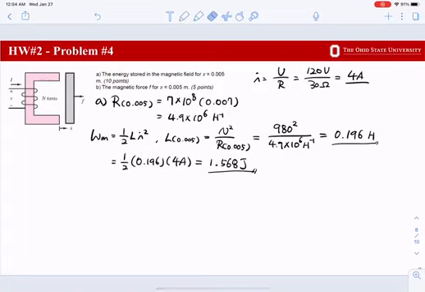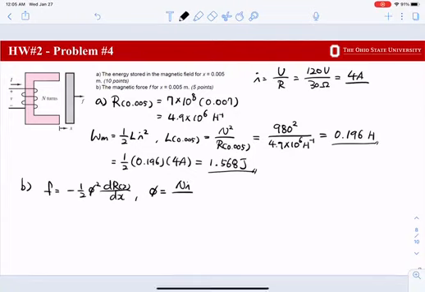And B. The magnetic force F is equal to minus one half phi squared times dRx over dx, right? So we know our flux is Ni over the reluctance at 0.005.